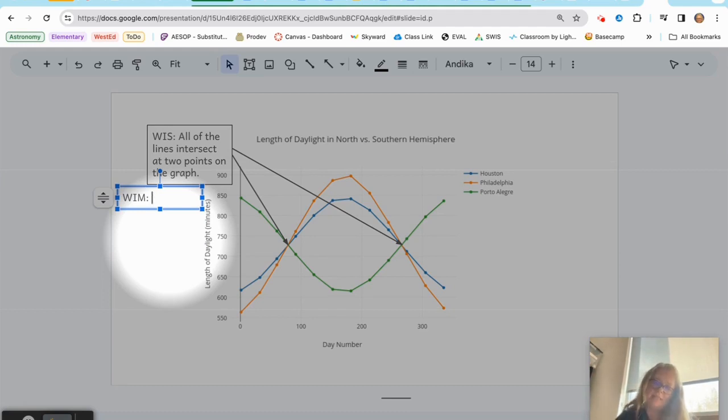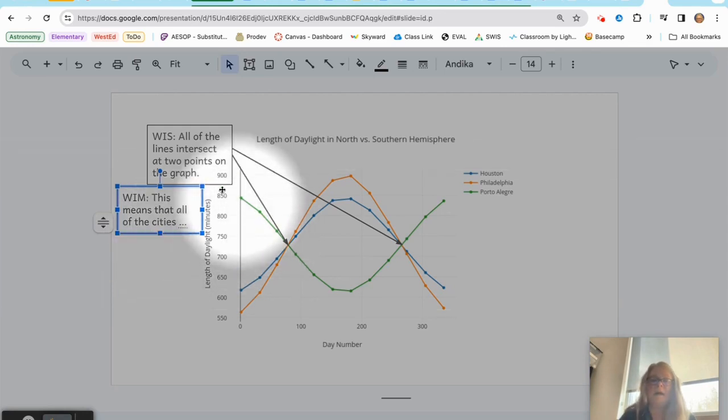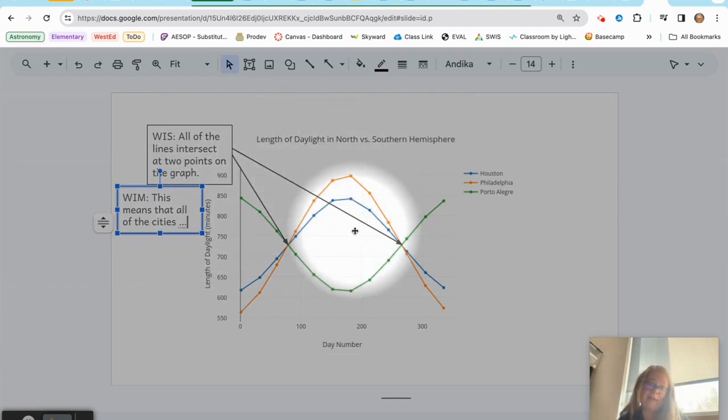In this case, I might say something about this means that all of the cities, what do they seem to have in common? I need to do at least 3 what I see and at least 3 what it means. Even if I don't totally understand this graph, I can still identify changes, differences, or patterns, and then try to say what I think they mean.